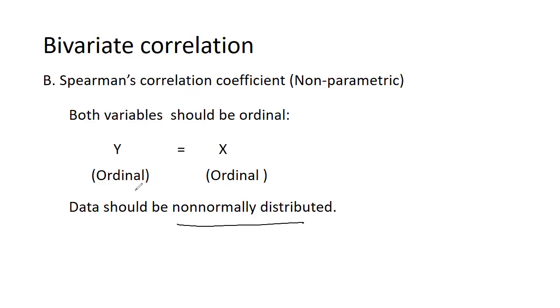We will convert our data into ordinal. If my data is on an interval scale and not normally distributed, then I will apply the Spearman's correlation coefficient, which is non-parametric, and in this case both the variables should be at an ordinal level. Then we can apply the Spearman correlation coefficient.